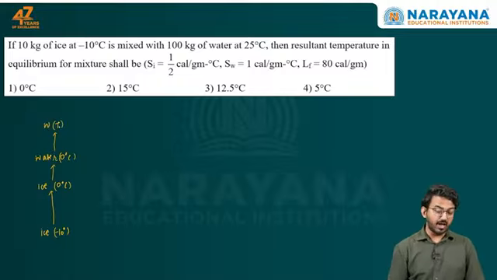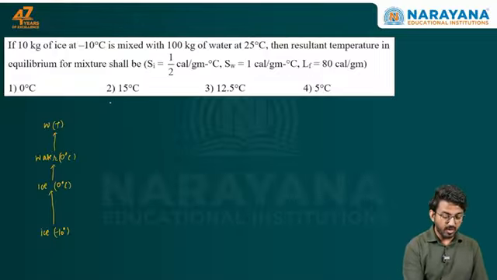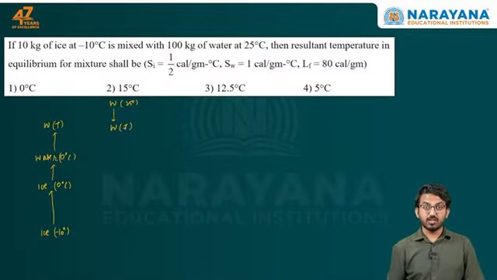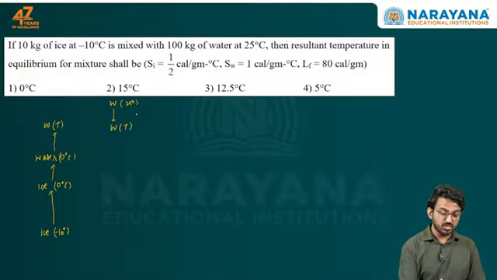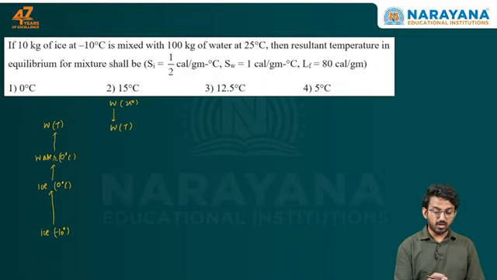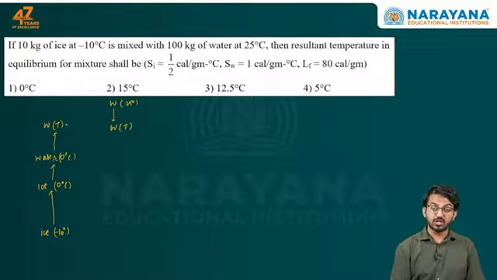Along this way, the ice will absorb energy. This process is absorbing energy, and from here we have water at 25 degrees Celsius coming down to water at equilibrium temperature T. And in this case, the water here will be losing energy. The principle of calorimetry says that the energy lost by one part of the system is equal to the energy gained by the other part. Here, the 100 kg water is losing energy, and 10 kg of ice is gaining energy to eventually get to a temperature T.